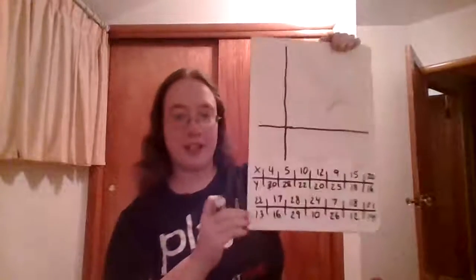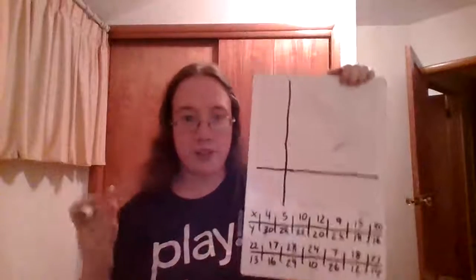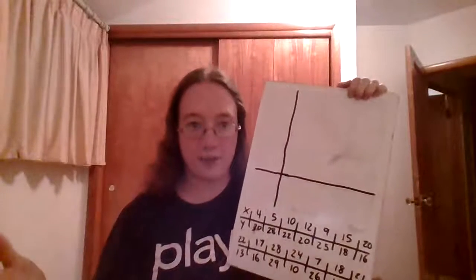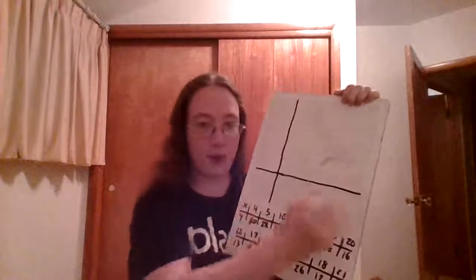So now, most of what we're doing in this first section is making graphs and then describing the graphs. So if I have some points here, and hopefully my table showed up well enough that you'll be able to see it, the first thing we're going to do is graph those points. You guys know how to graph points. Again, X is over, Y is up.